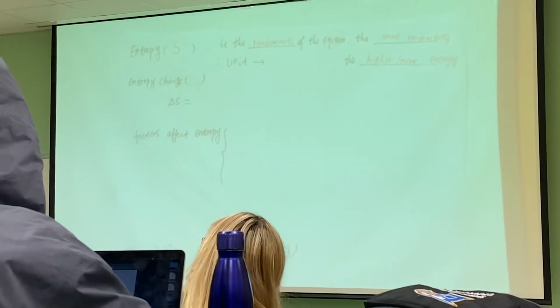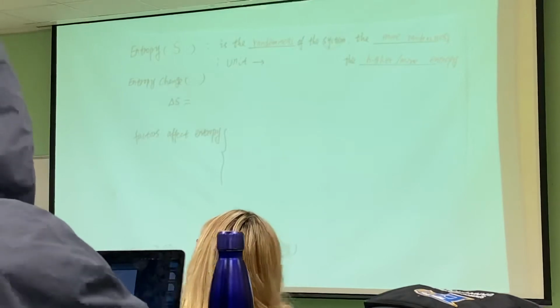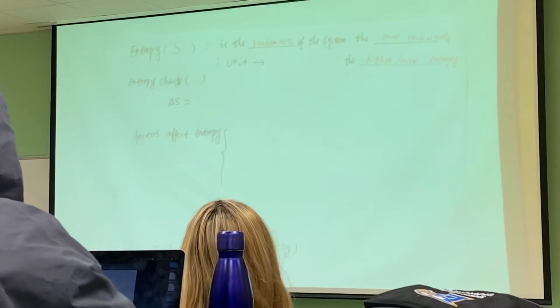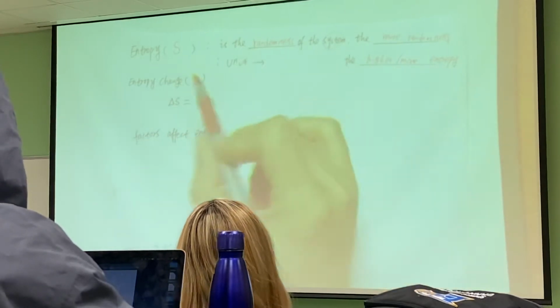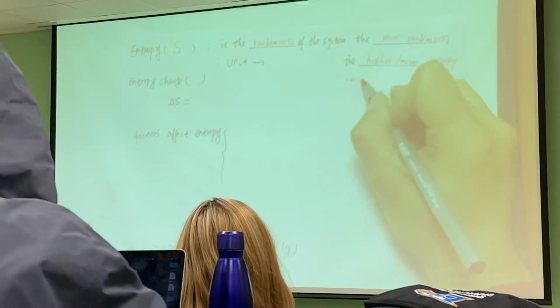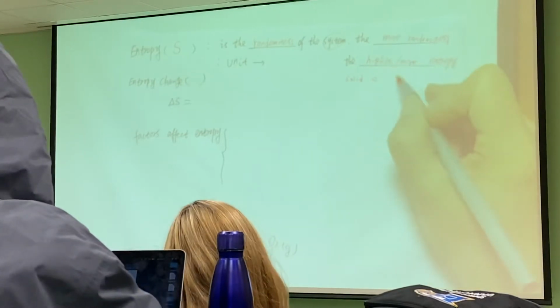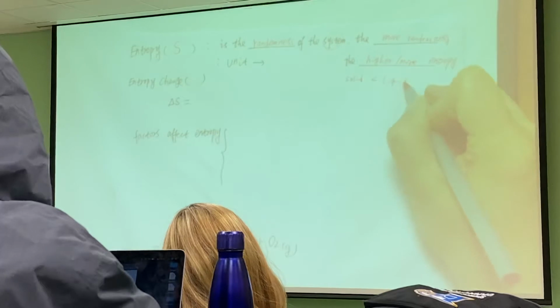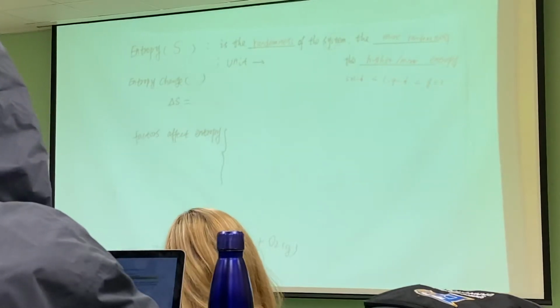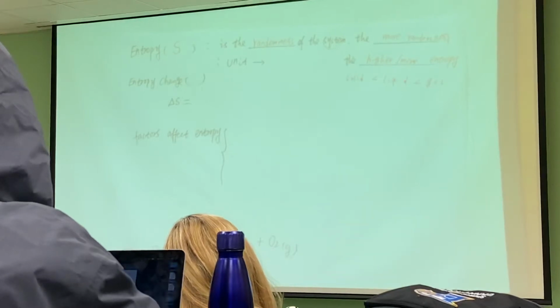Because the molecules are very far away from each other, they move a lot, so it's more random. So that tells you, for example, solid has an entropy smaller than liquid, smaller than gas. Okay, so that is the opposite order of your intermolecular force.